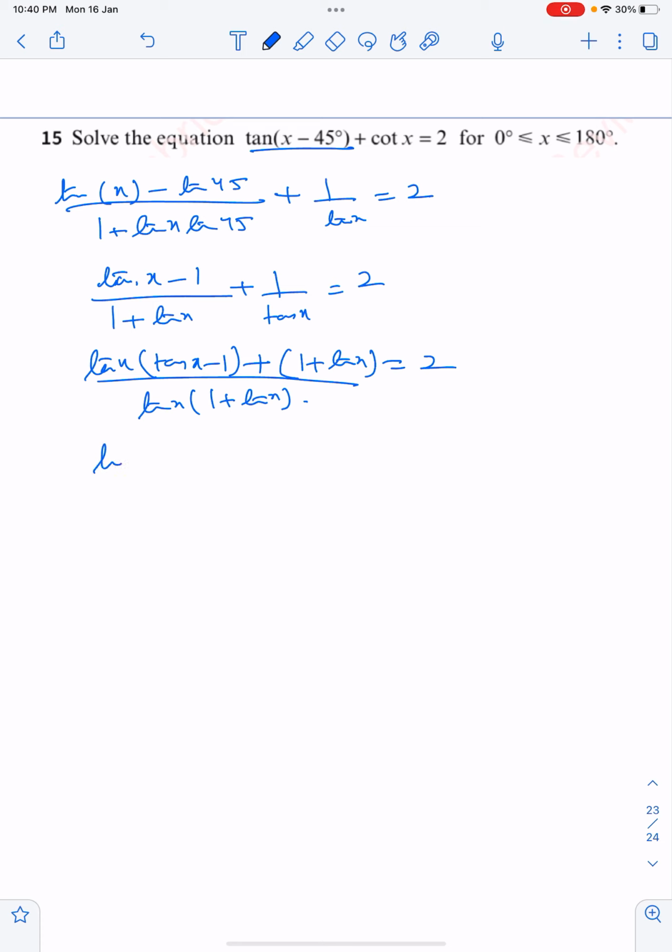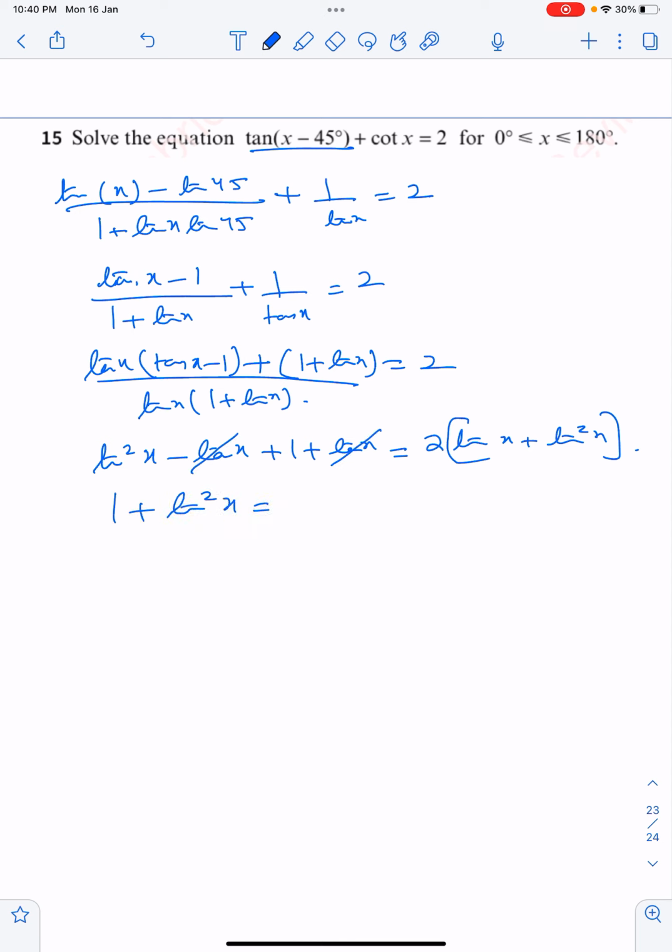Let us simplify. Tan square x minus tan x plus 1 plus tan of x equals 2 times, if I cross multiply, tan of x plus tan square x. Okay, this and this will cancel out. You are left with 1 plus tan square x equals 2 times tan x plus 2 tan square x.